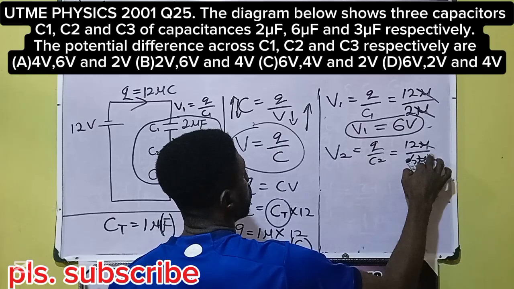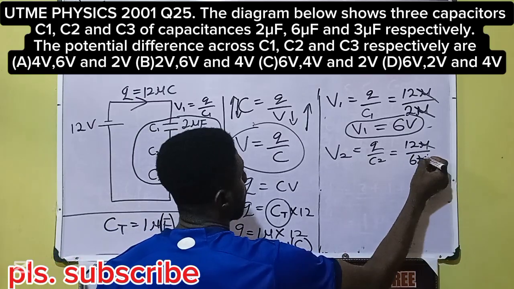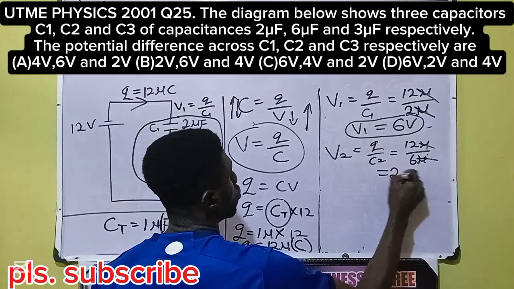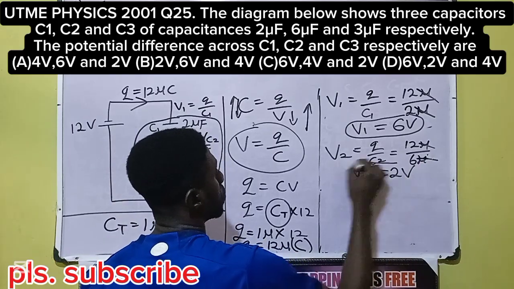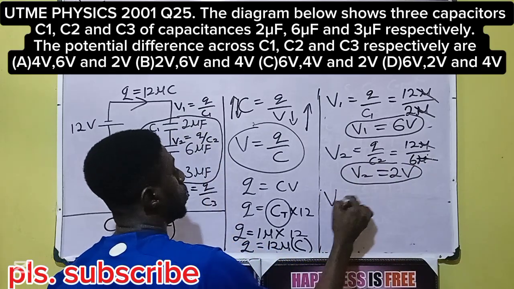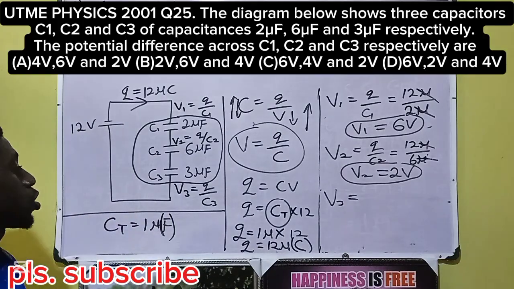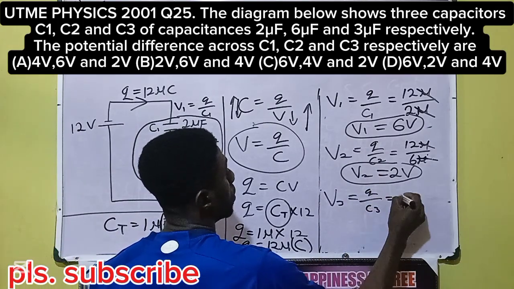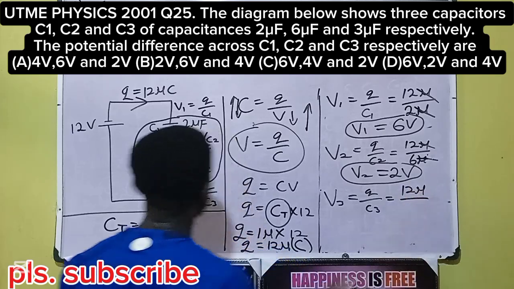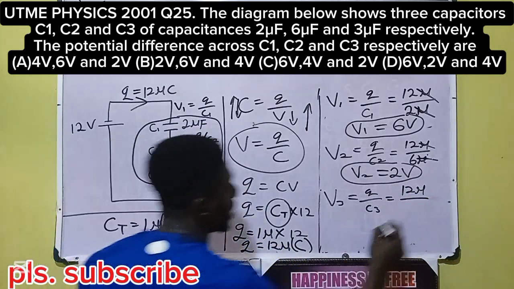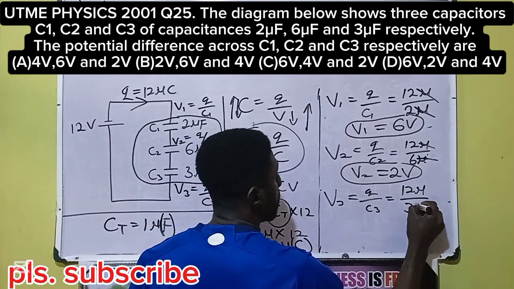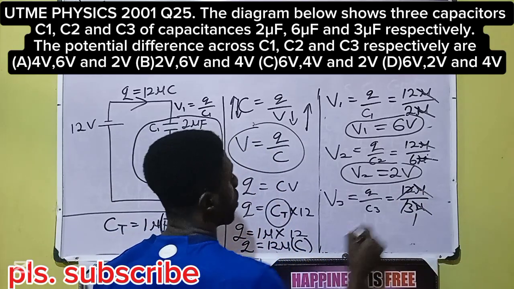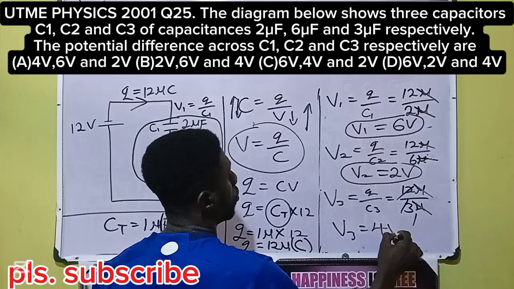We ignore the farad, which is the unit of capacitance. 6 into 12, we'll be having 2 volts. Then lastly, for the voltage in the third capacitor, we retain our charge. The charge is 12 micro over the capacitance, 3 micro. Micro cancels micro. 3 into 12 is 4. We'll have V3 equal to 4 volts.